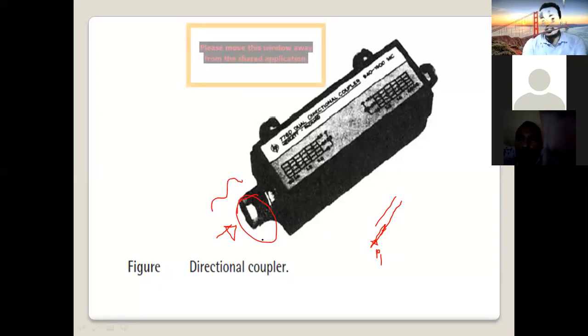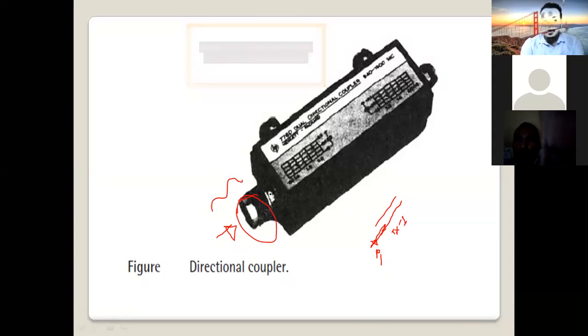This port is called the input port. Why do we need this device? To divide our signal into two parts, right? So P1 we apply at the first transmission line, TX1. This is our first cable.